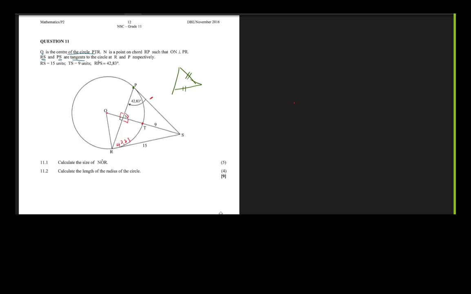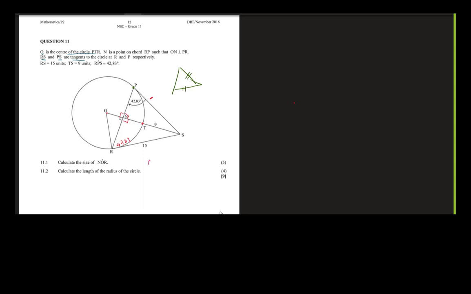Why am I not using it? How can I use TS? Yes, the trig ratios can work very well, especially in a right-angled triangle.